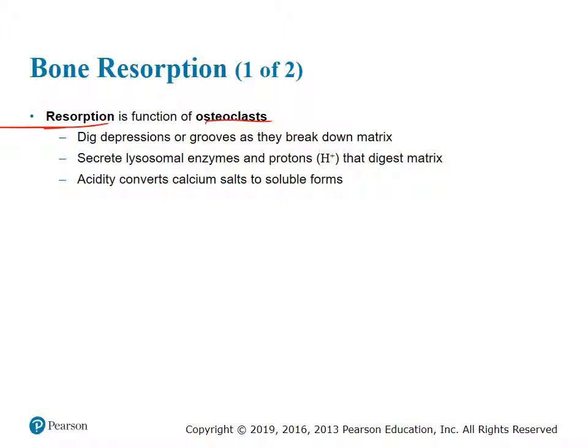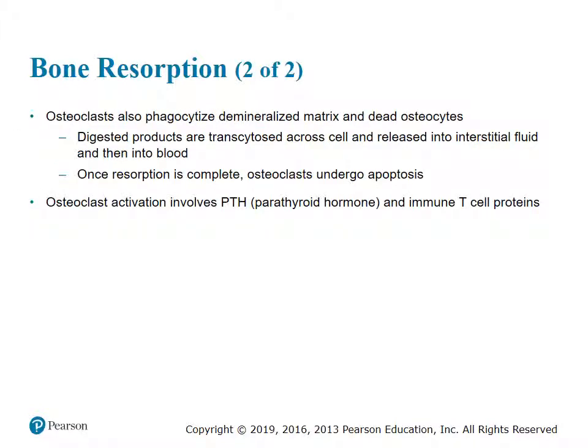They actually break down the matrix. In fact, they secrete enzymes from the lysosomes in their cells, and these protons, hydrogen ions, break down the matrix. An acid is formed from the cells, and they break down calcium and convert that, and so it will break down bone, right?